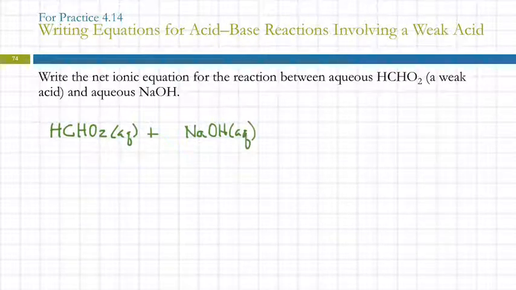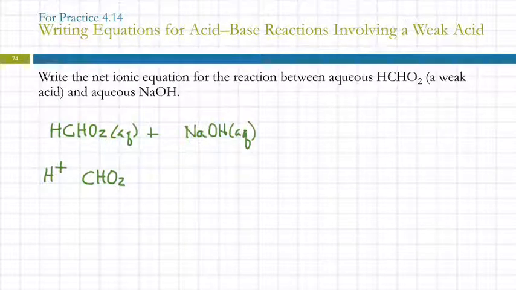We need to predict the products so that we can eventually get to the net ionic equation. So this does form ions. What you're going to do is you're going to take the hydrogen off the front. So it's an acid. It's going to release a hydrogen ion. And then everything else is the anion. And you're like, I don't know what CHO2 is. You don't need to know what it is.